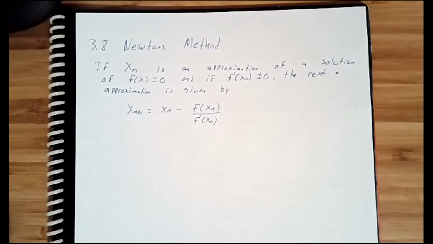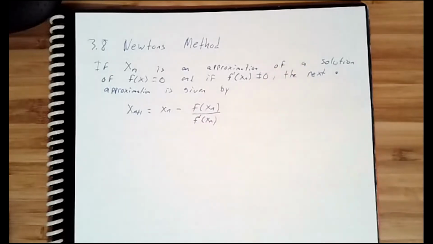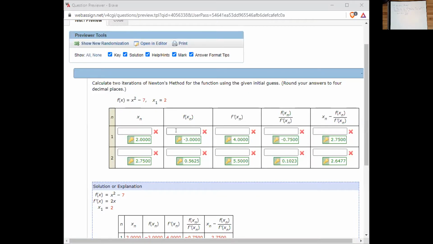Okay, so let's look at some examples. This is the formula we're going to need. Here's the definition and theory behind it. So it starts off by you just plugging in numbers, kind of like when we did limits. So it should look familiar. They ask you, okay, first, what is xn? The first one is 2.